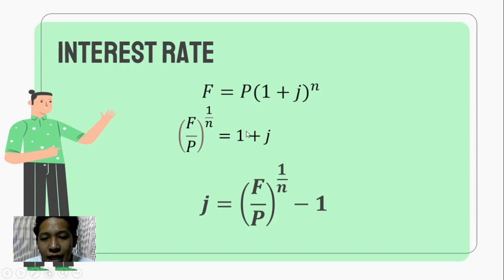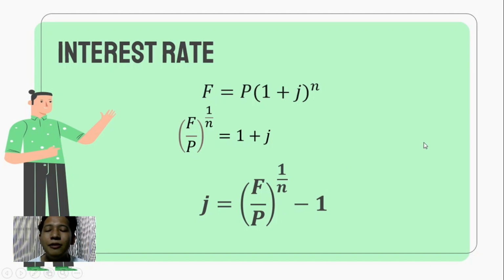And then, para matira na lang yung J, we transpose positive 1 to the other side of the equation. So, the formula in getting the interest rate of a compound interest is J equals F over P raised to 1 over N minus 1.